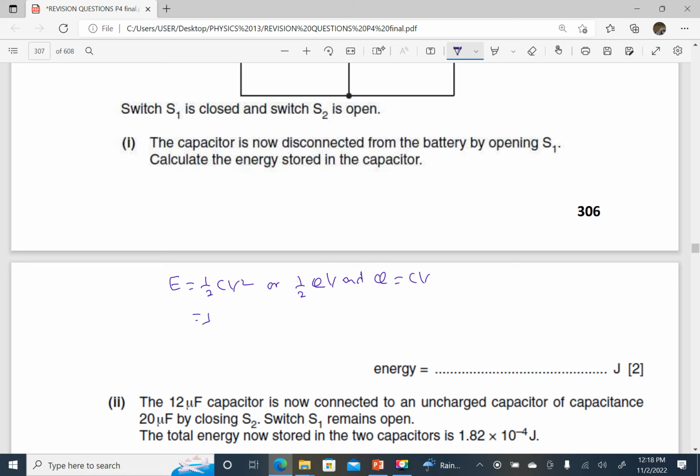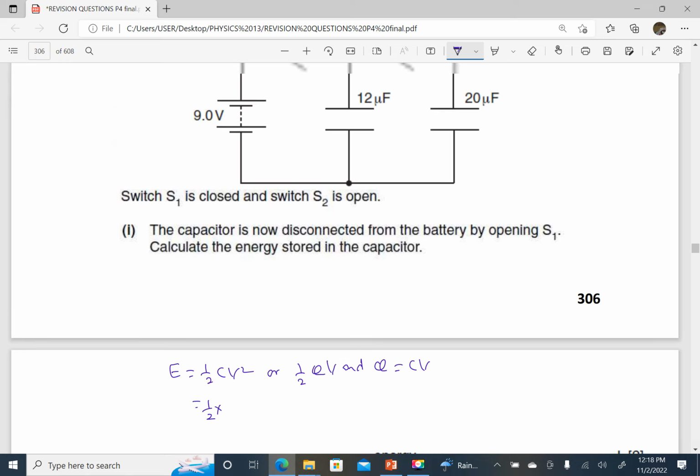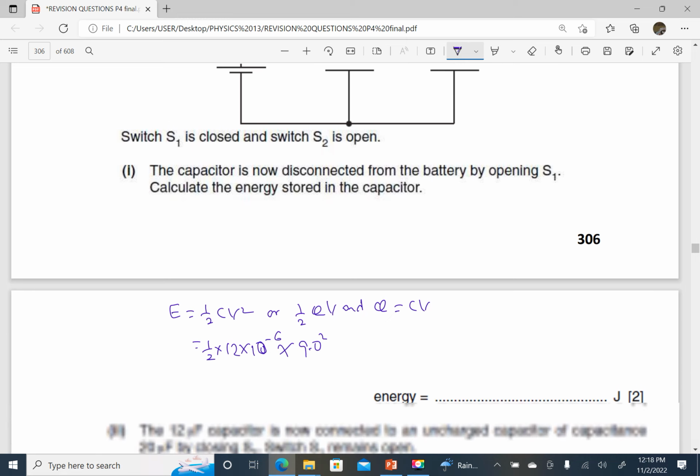So this is going to be a half times the capacitance, 12 times 10 power negative 6 because it is micro, times the PD, which is 9.0 squared. So I press the calculator. This is going to be 4.9 times 10 power negative 4 joules.